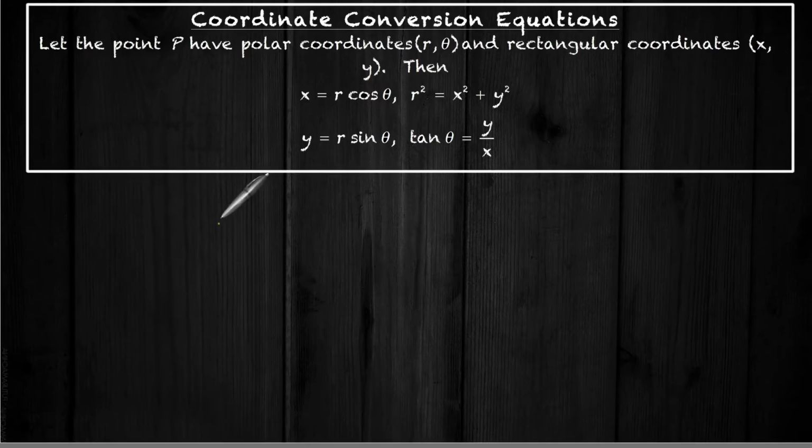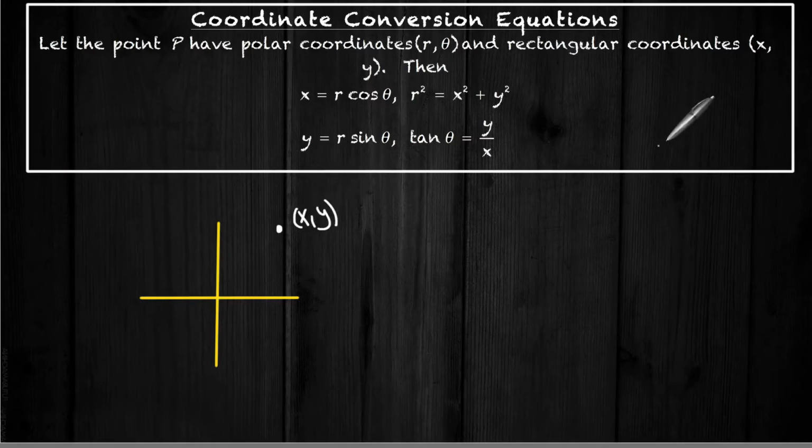So let's just say that we have an XY axis, and let's just say we have some point out here, and we'll call that point XY. So that means that we will have a distance from the origin to that point, and we will call that distance R.